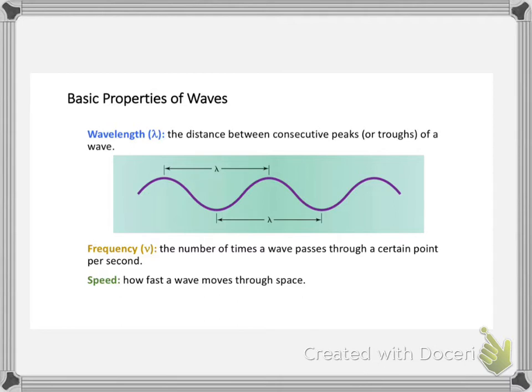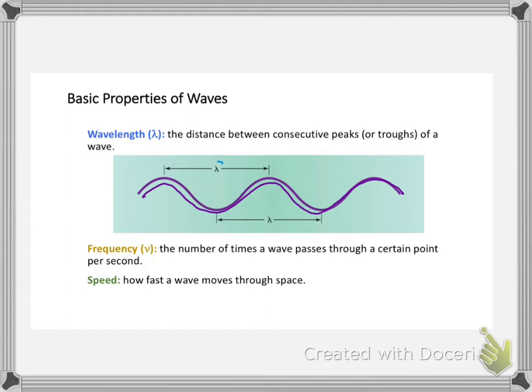And again, there are mathematical equations for everything that I'm saying, but we're going to try to look at waves conceptually. So when we say wave, a wave in and of itself is this purple line going up and down and up and down and up and down. That's what we're talking about, a wave. And on this slide, there's some properties that we will talk about in subsequent slides.